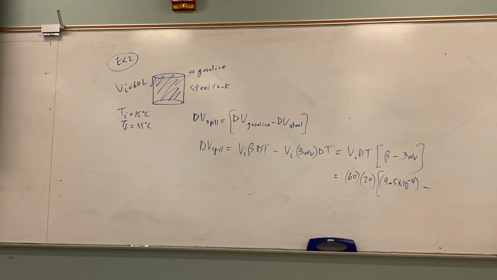Well, I'll just trust it. I believe the alpha of the steel is 11 to 13.